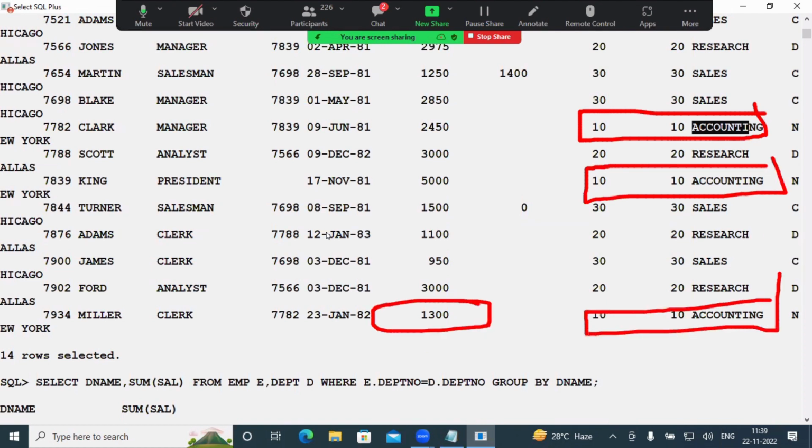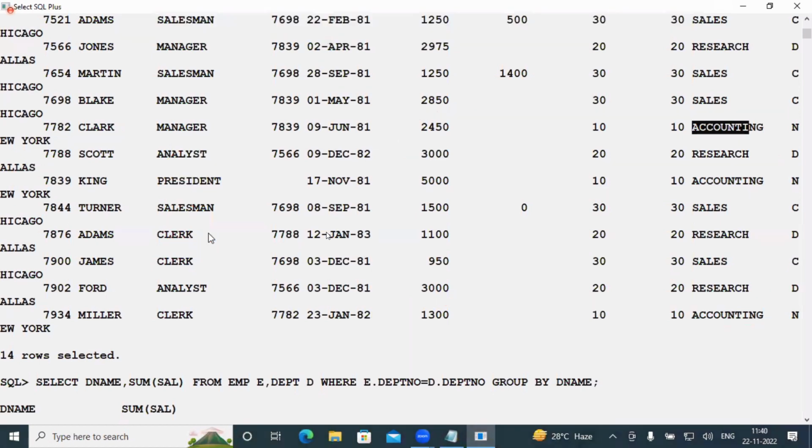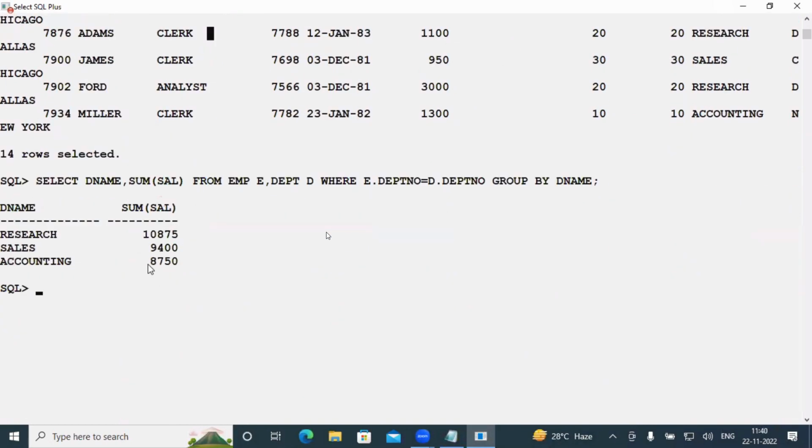Their salaries are 1,300, 5,000, 2,450. Sum together, how much is it? 8,750. This is what is happening, and that 8,750 we got.